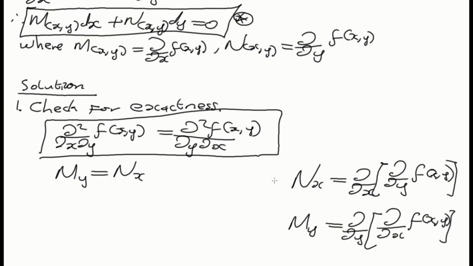So if the two partial derivatives are the same, they are equal, this therefore always implies to us that we are actually working with an exact differential equation. This implies exact ODE. Let me write that. Okay, let me erase to make a space.